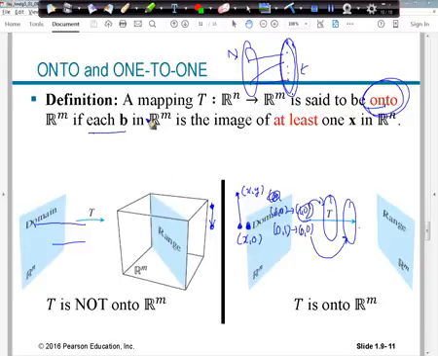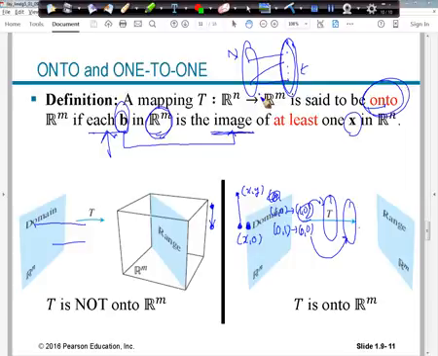Because this guy is our codomain, we pick any vector b belonging to our codomain, and that should be included in the range as well. At the same time, it can be restated in this form: any vector b is an image of some vector x.